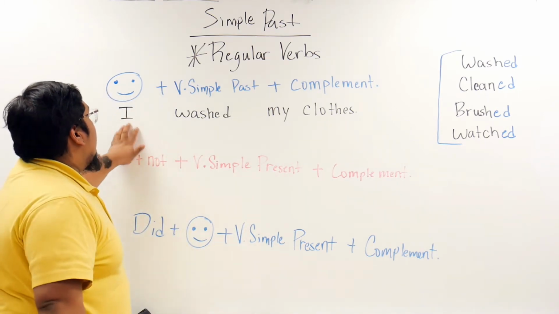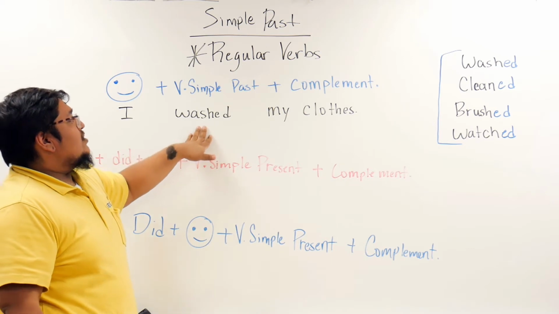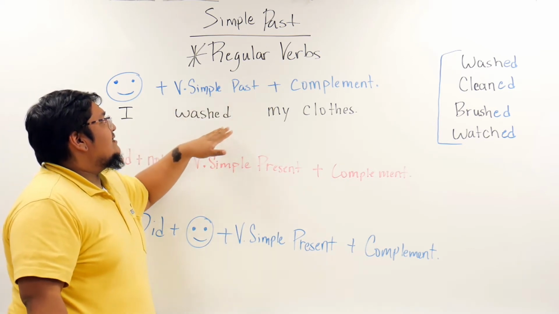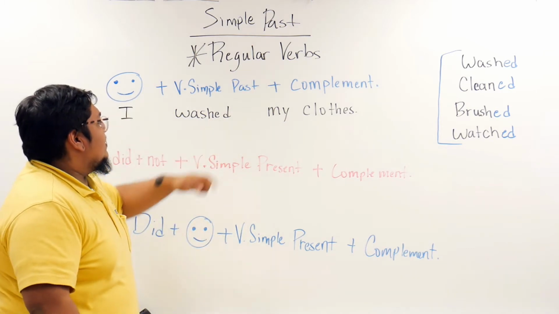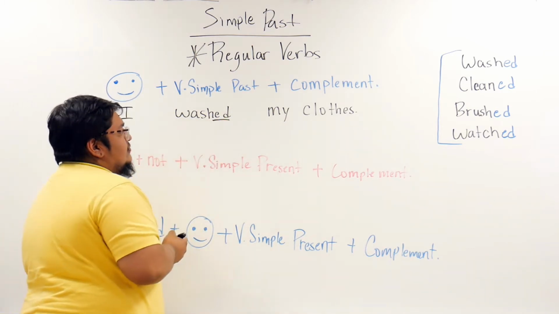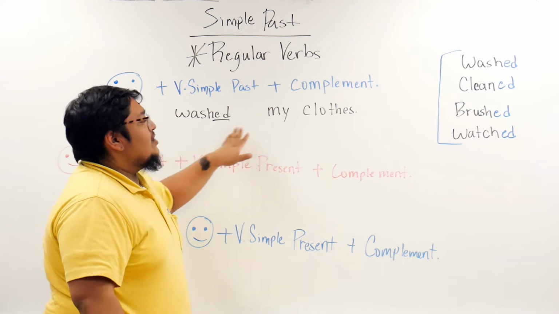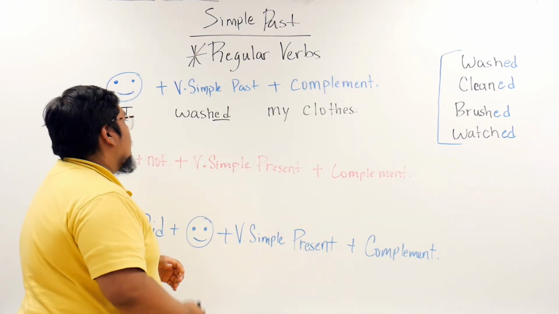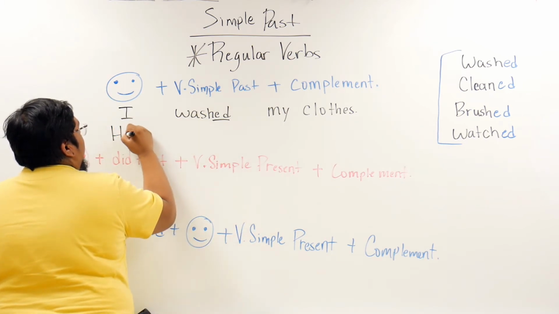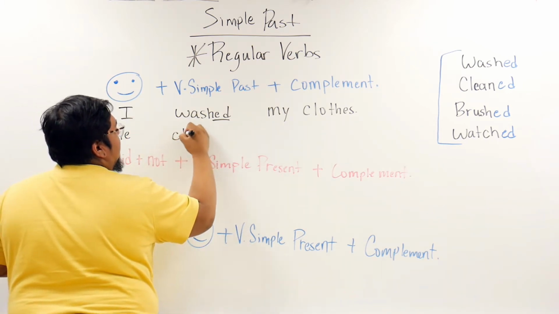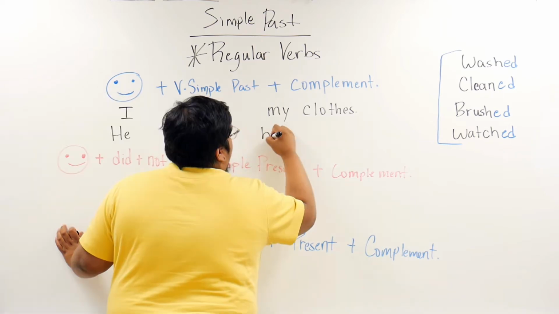Good. So I is my subject, washed is my verb in simple past, that's also a regular verb, okay? Because it ends with ed. And then what is my complement? What did I wash? My clothes. Let's make another example. We can say he, we can say cleaned, he cleaned his room.